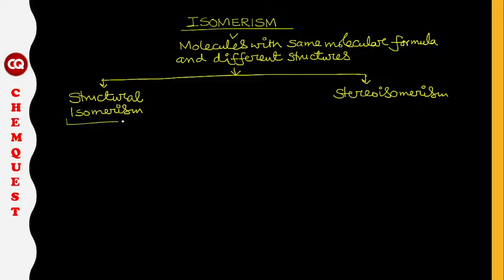In this category, our first case is chain isomerism. Chain isomerism means you have to create branching by breaking the long chain structure.